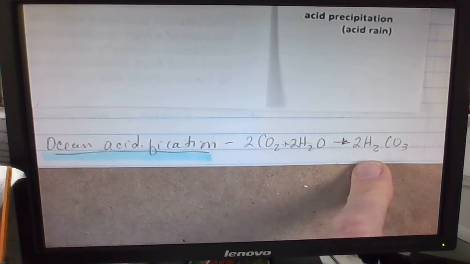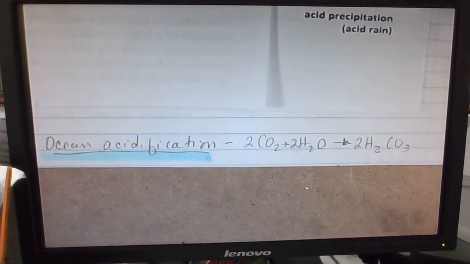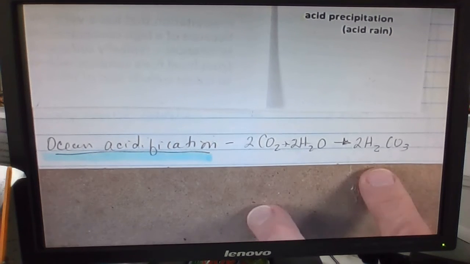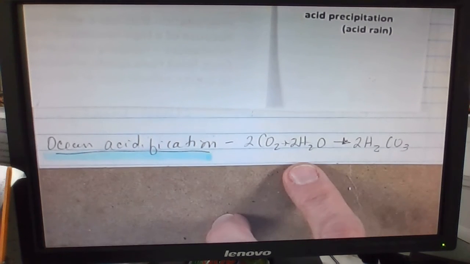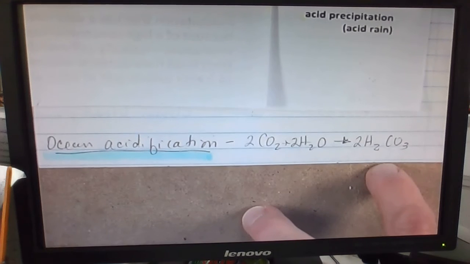So once again, way back right before fall break, the little activity that you did talked about ocean acidification and how coral reefs not only are bleaching, but they're being worn away. Shells of sea critters are being worn away because they're basically living in an acidic environment. And that's because the CO2 is reacting with H2O, creating carbonic acid.